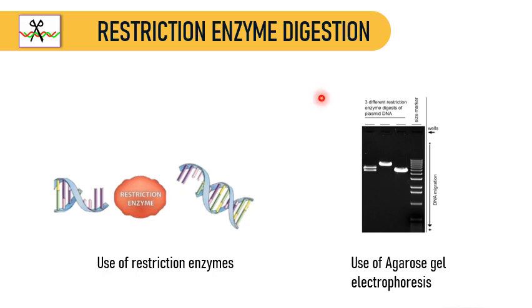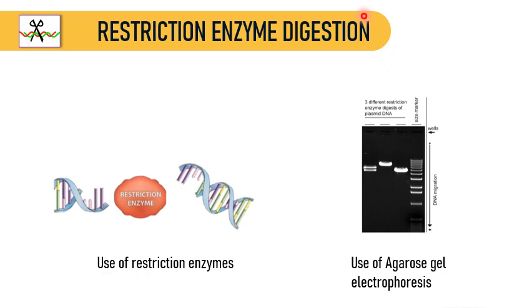Later, the fragments of the DNA are separated by size using gel electrophoresis. A current is applied, and since DNA is negatively charged, the current causes the DNA fragments to move away from the negative electrode and towards the positive point.